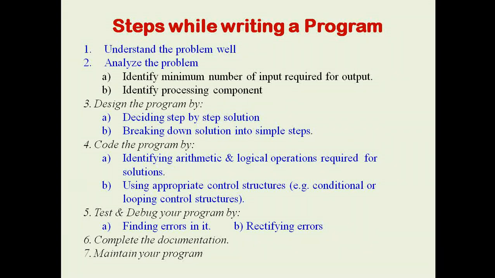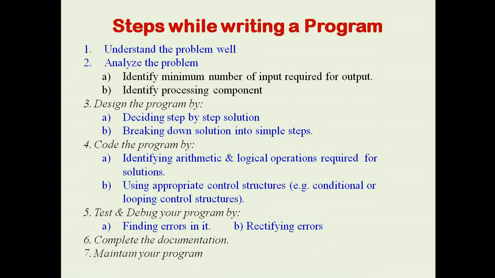For this you can take one example. Suppose you are supposed to calculate the area of a rectangle. So first of all you will ask, how can you get the area of a rectangle? As you know, area is calculated as length into breadth. So that means you need the length and breadth of the rectangle whose area is to be calculated.